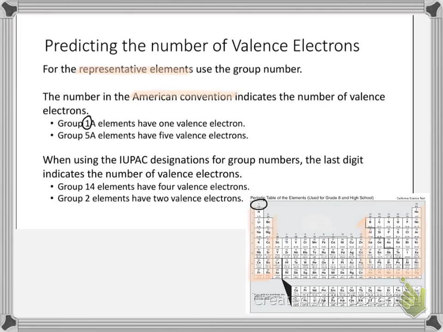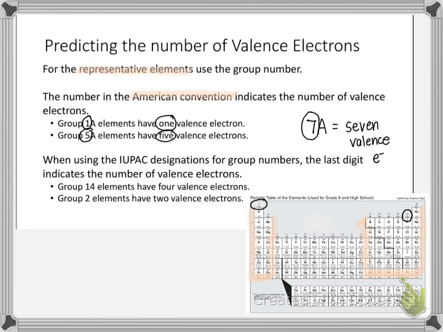Like the 1A has one valence electron. 5A has 5 valence electrons. If I went to the halogens here, 7A has 7 valence electrons. So it's very straightforward. You look at the group number, and whatever number is in front of the A is the number of valence electrons.